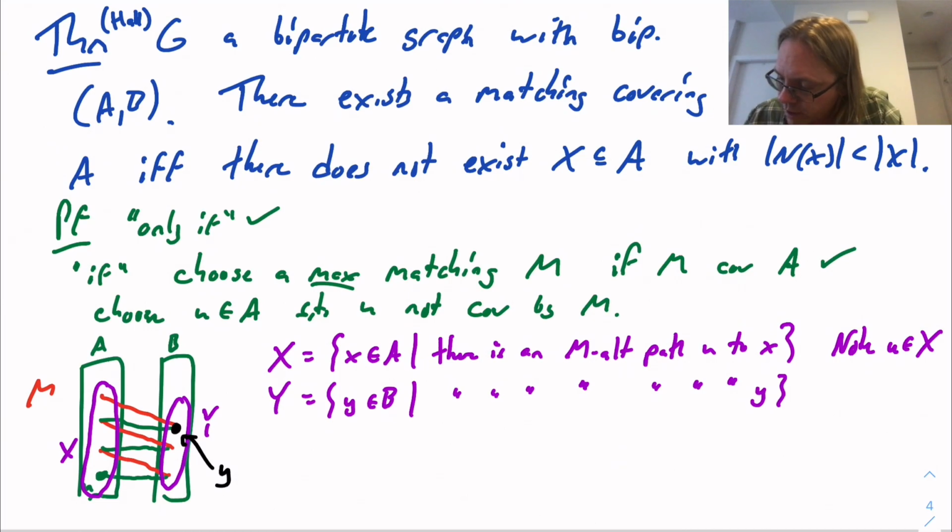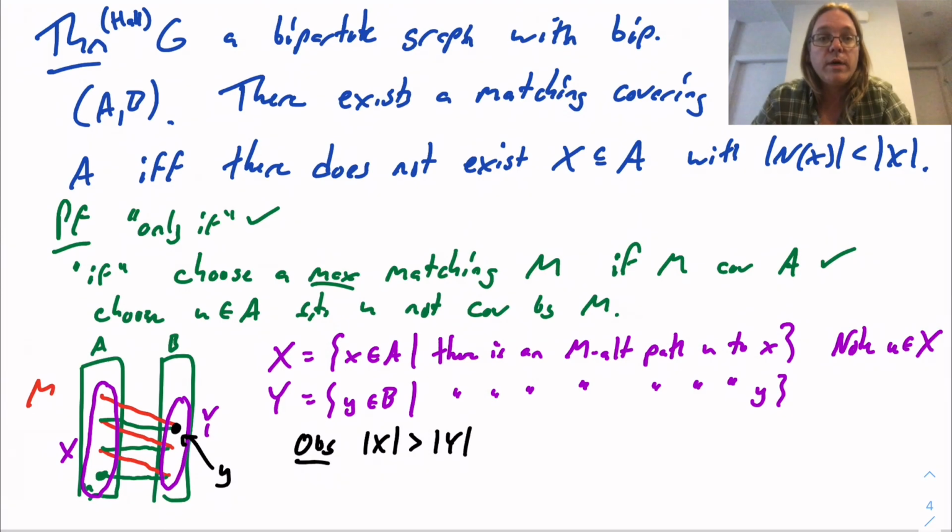Our big observation here is that the size of X is greater than the size of Y. Again, every vertex in Y, if you look at the matching M, is going to be incident with one of those edges in M. The other end of that edge is going to be in the set X, and that gives us a matching between every vertex in Y and some of X, but there's more of X because the vertex U is also in X. And that means that the set X is actually strictly larger than the set Y.